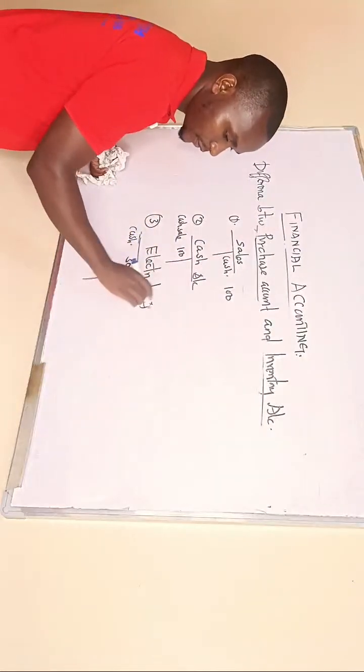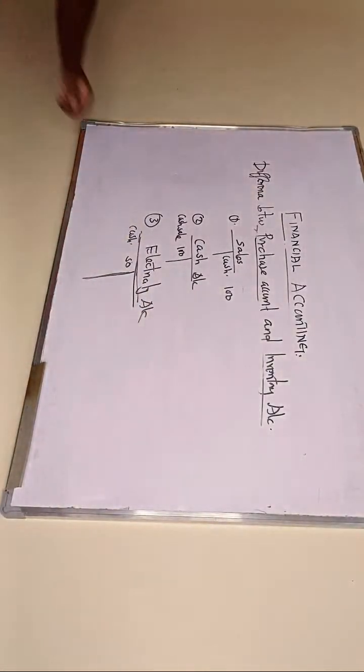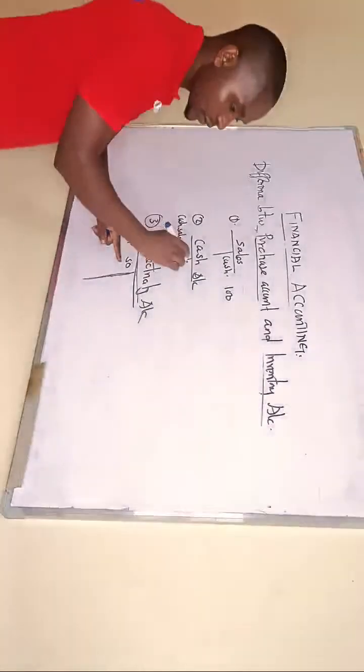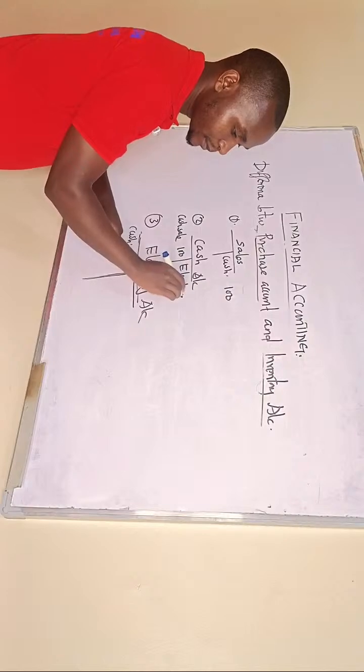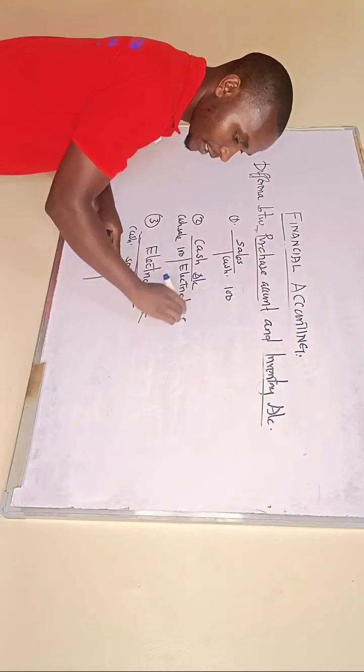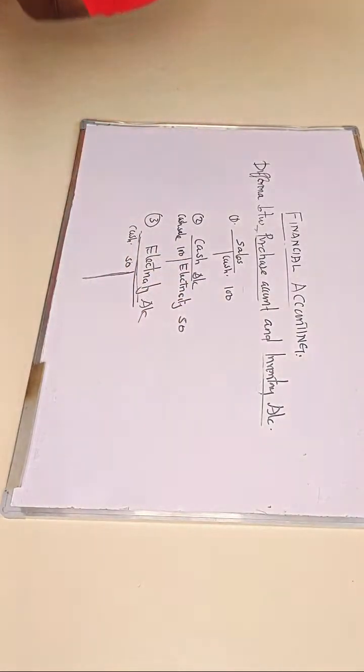So when you pay a token of 50 shillings, this 50 shillings goes out of the cash account. So here you will write electricity, how much? 50 shillings.